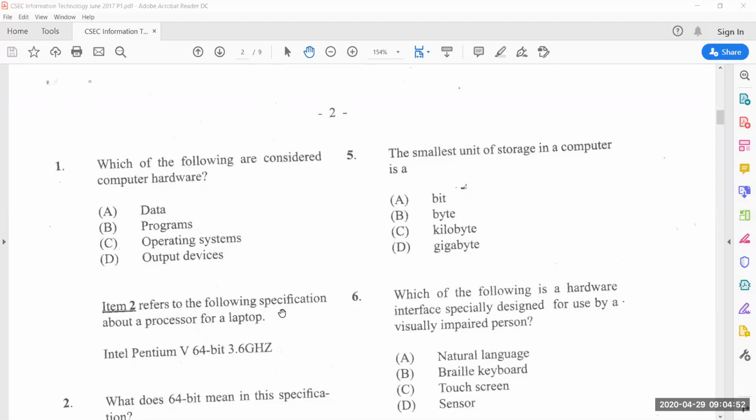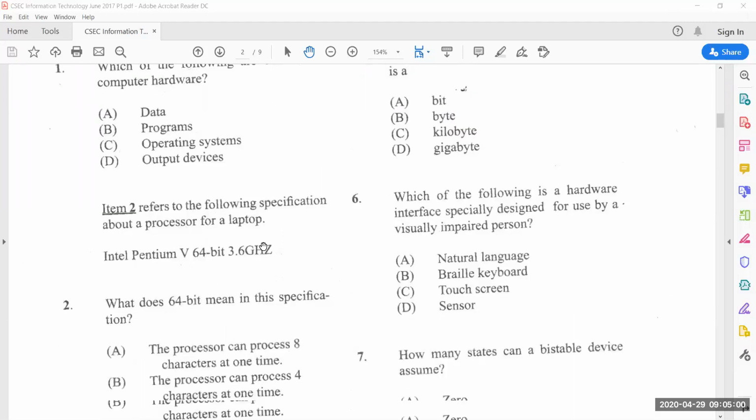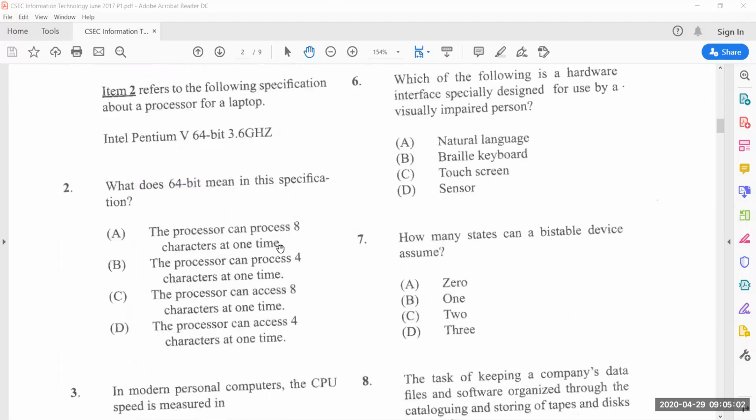So data, programs, and operating systems are all software. Output devices are hardware, right? All right, number 2. What does 64-bit mean in this specification, which is Intel Pentium 5, 64-bit, 3.6 gigahertz?